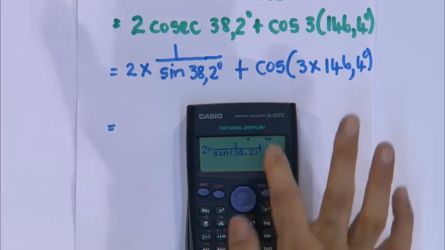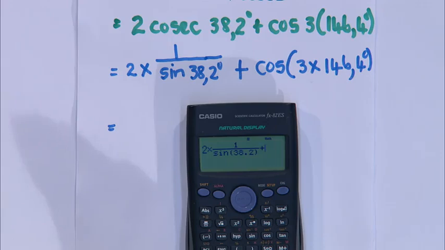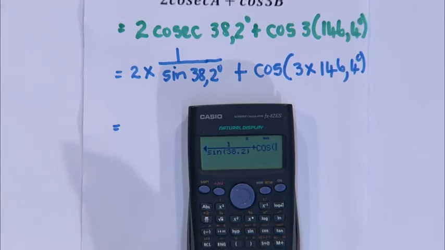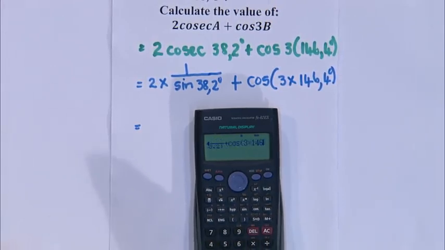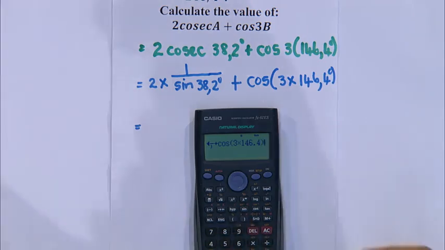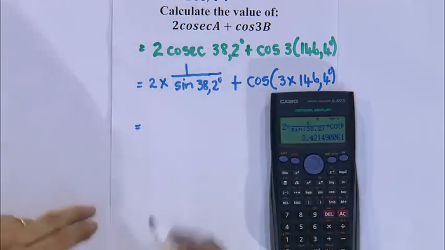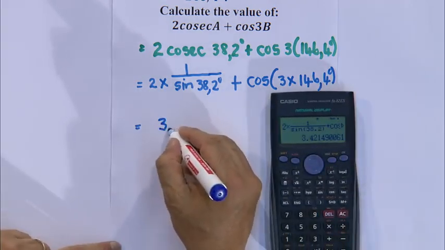Then we have plus. Then you see we have cos, and next to cos we have 3 times 146.4, close the bracket. So you see, if you do it in one go, you just press the equal sign.